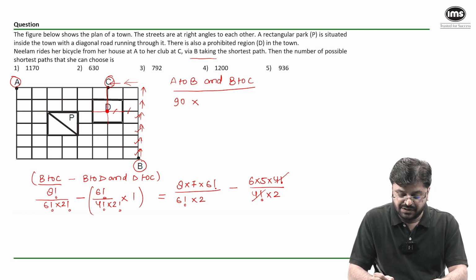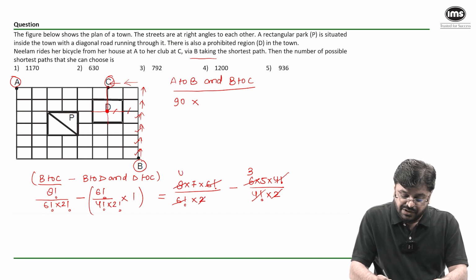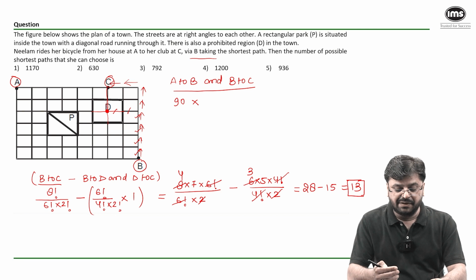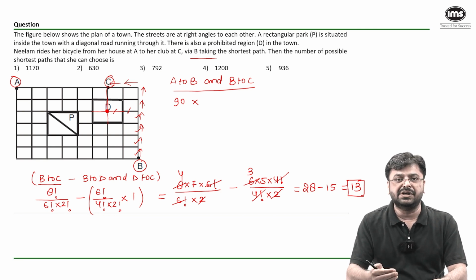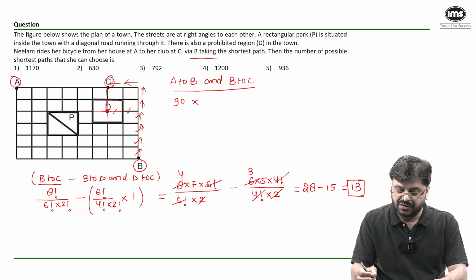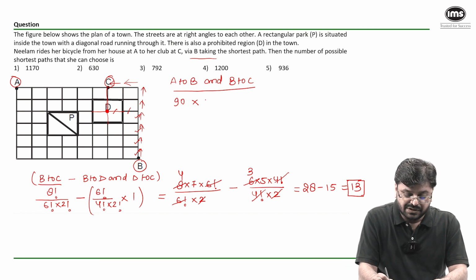If we solve this, 6 factorial gets cancelled, 2 4s are 8, so 4 7s are 28, minus 15. That means the number of ways in which Neelam can reach from B to C not taking these paths which are going via D is 13.